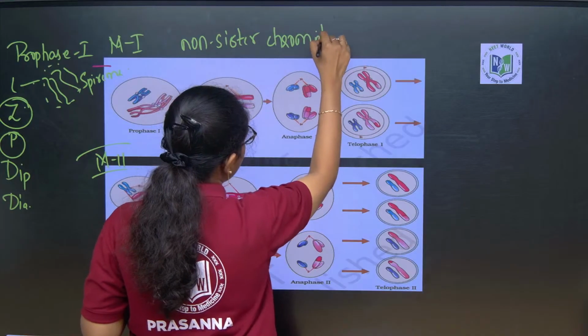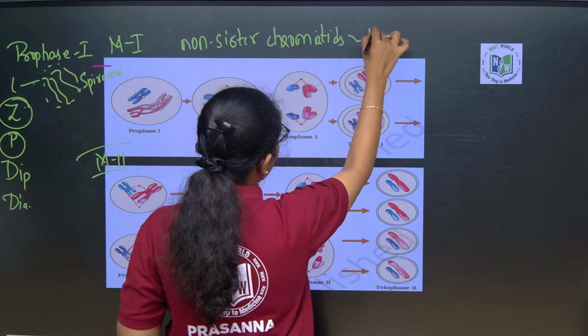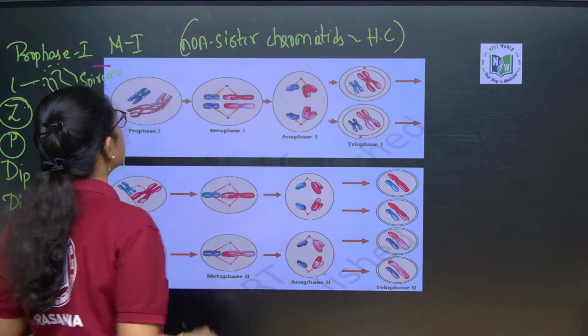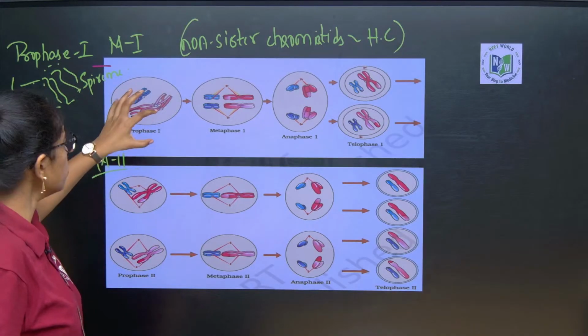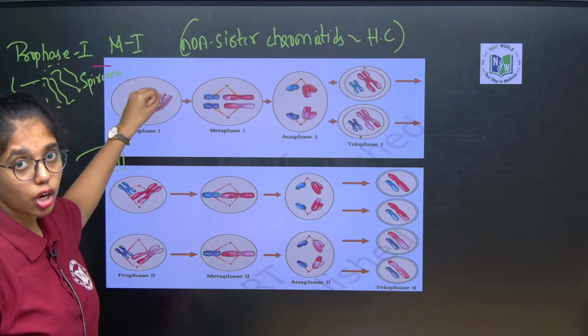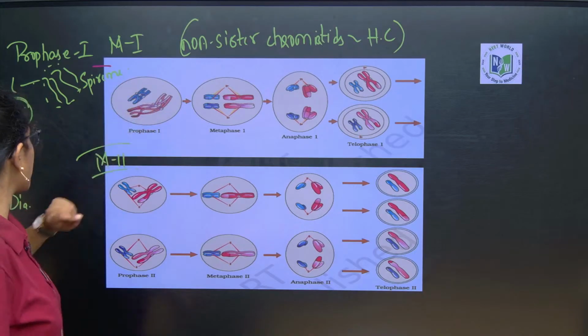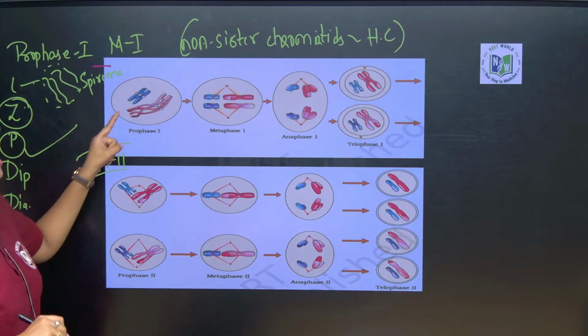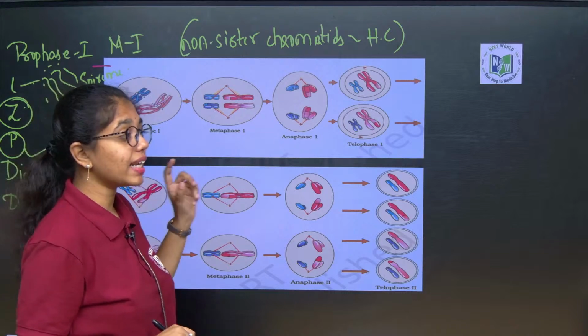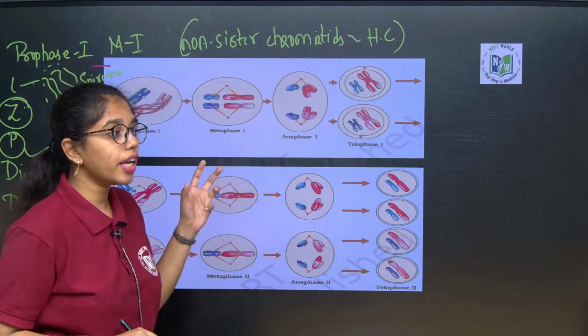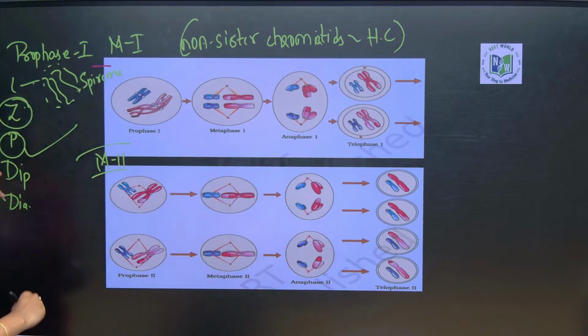Crossing over takes place during pachytene. This is an enzyme mediated process, and the enzyme involved is recombinase.